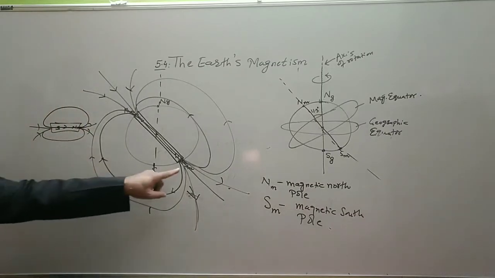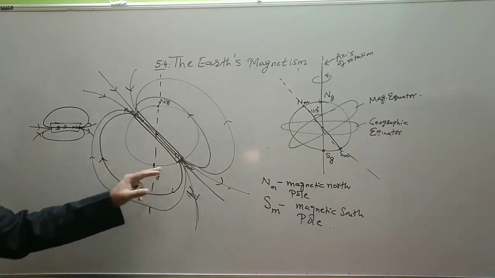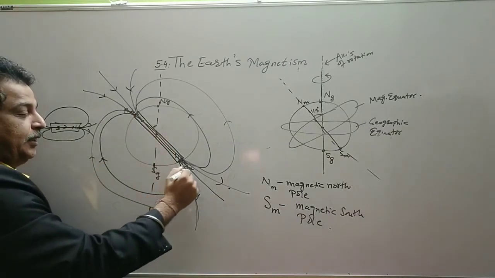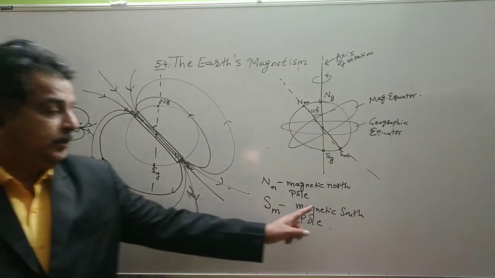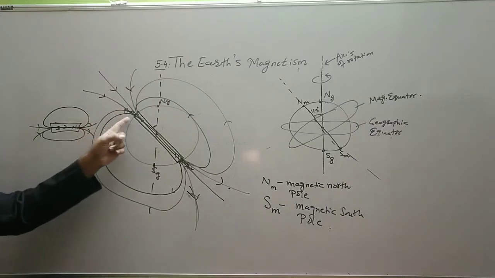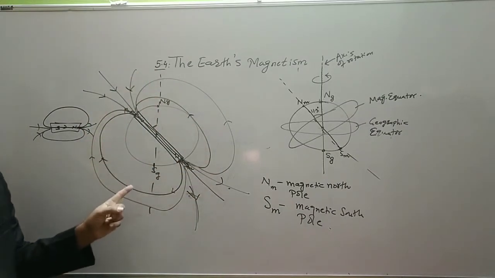We can say it is originating from geographic south, though it is tilted by this angle, 11.3 degrees. So it originates from the magnetic south pole, then it enters from the magnetic north pole to complete a loop.